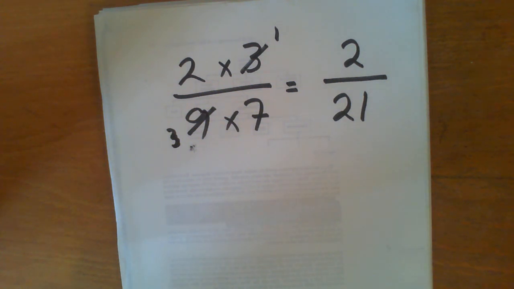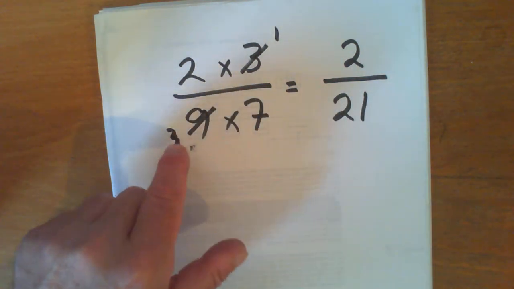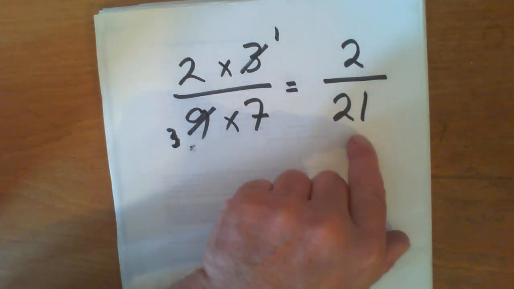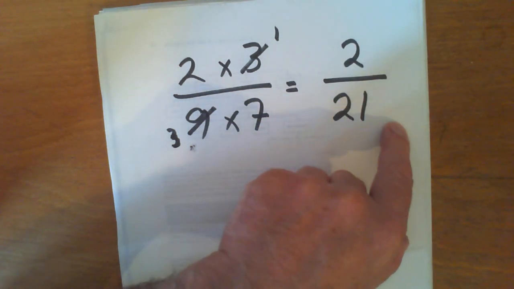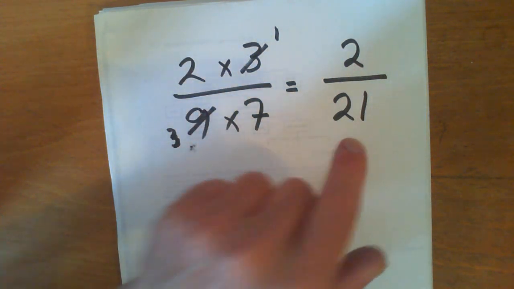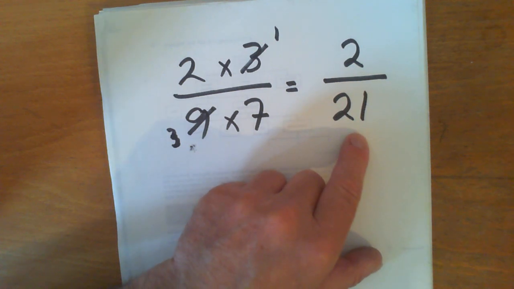Well, that's the advantage of what I've done here, rather than say just multiply across the top, multiply across the bottom, and then reduce the answer down to its lowest terms. What I've done is I've cancelled down first, and as long as I carry out the full cancellation, that has automatically produced the answer in its lowest terms.